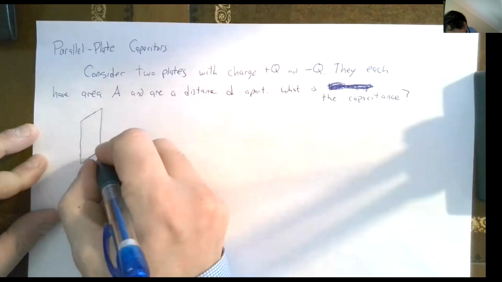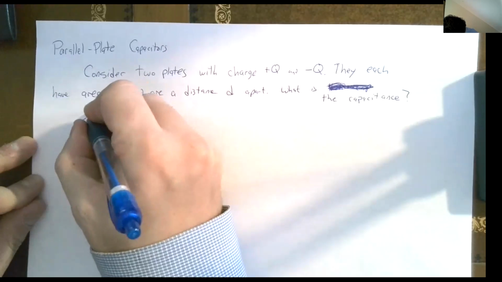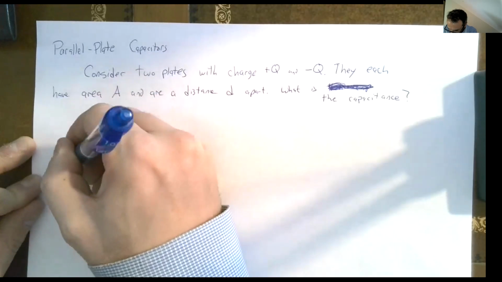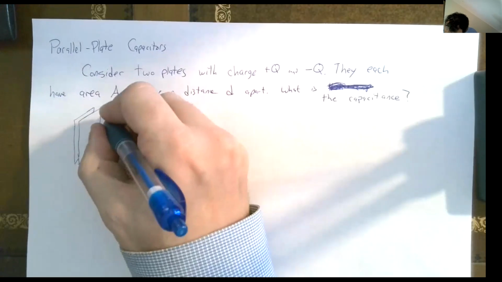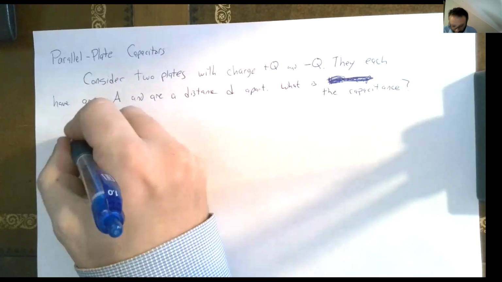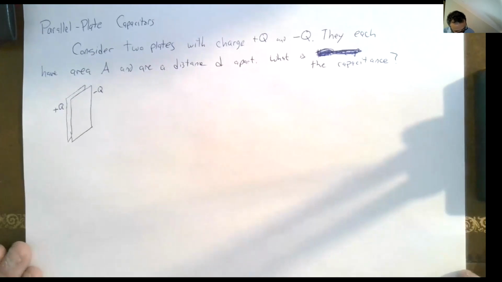Here's one plate, and here's another plate that's kind of near it. And we'll say this one over here has charge minus Q, and this one over here has charge plus Q.